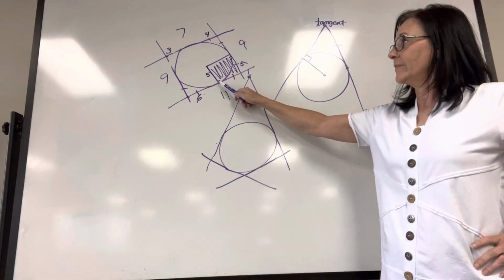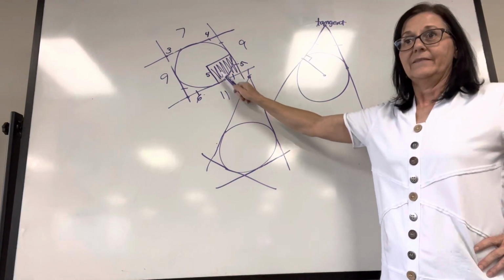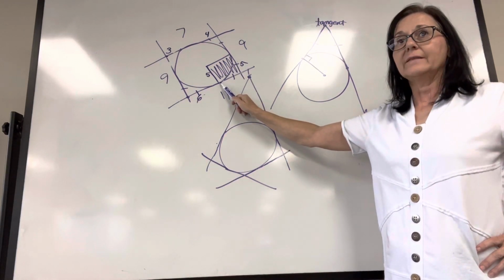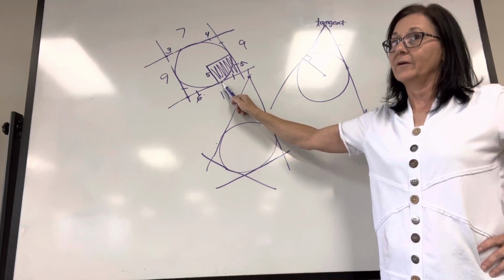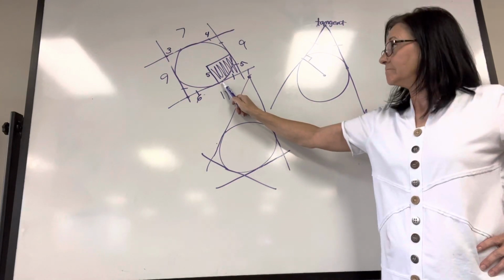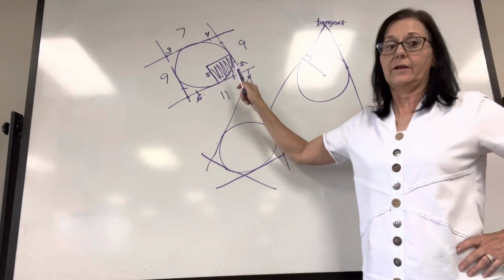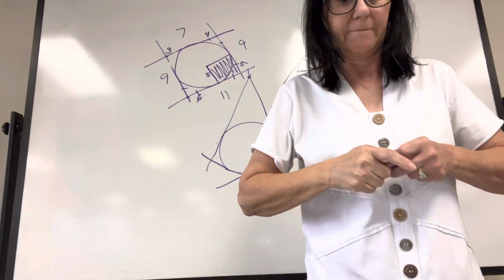However, if I know that my radius equals one of these, then I know that this is a square, or at least a rhombus. Might not be a square, but it would absolutely be a rhombus, because we don't know that those are 4 right angles. You can't know that, but you can know it's a rhombus.